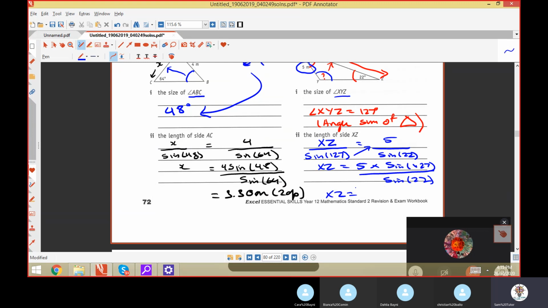Any questions? 127, sine 22. 10.659, which is approximately 10.66 meters (2dp).